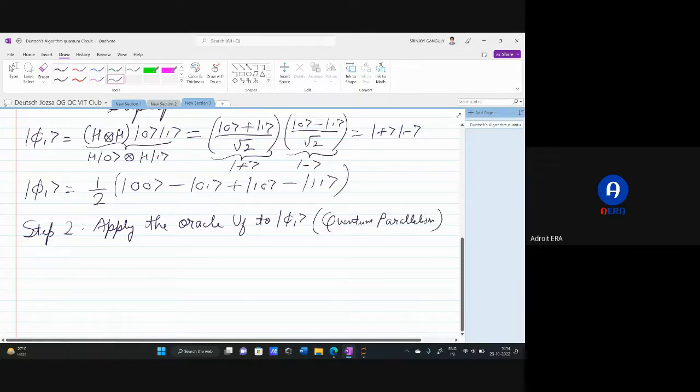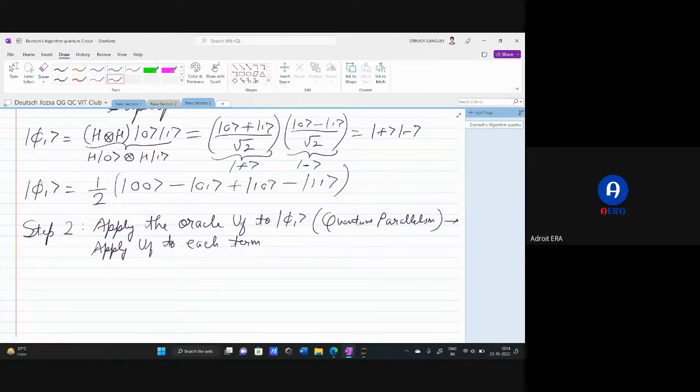We apply Uf to each term. As I mentioned, since this is a superposition state, each term will get the Uf application. The unitary will be applied to each of these quantum states.